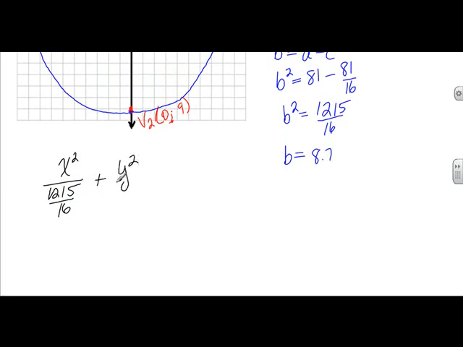So 16x squared over 1215 plus y squared over 81 equals 1 should be the correct equation. That's right.